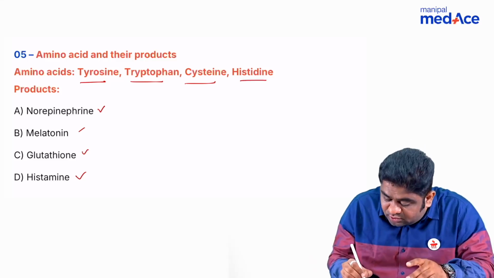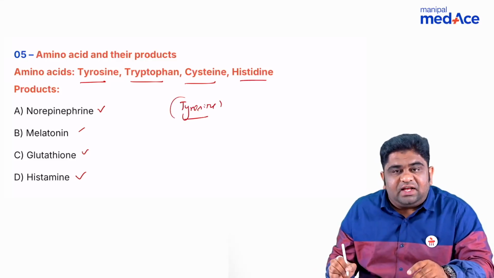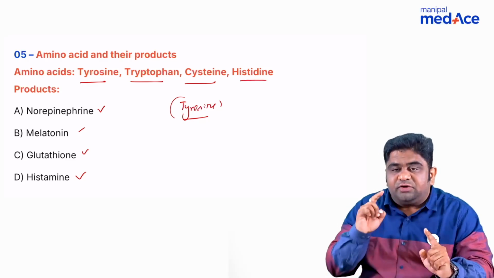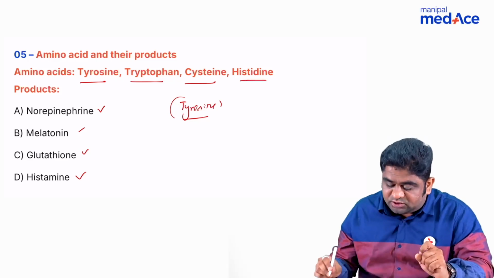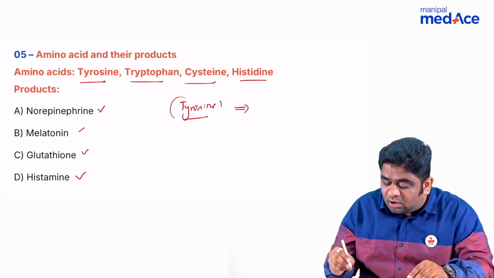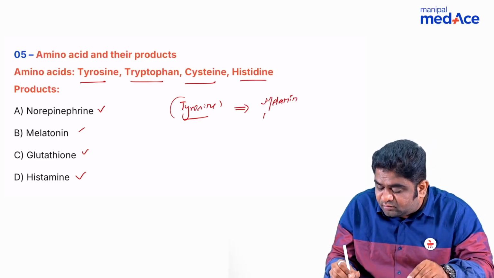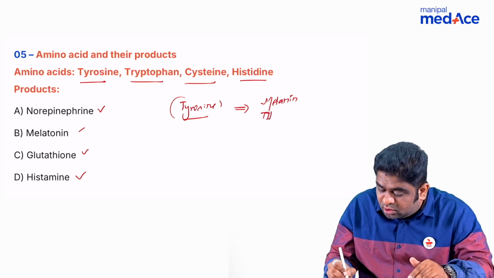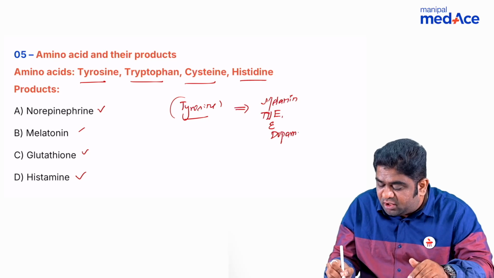Let's look at tyrosine. Tyrosine is nothing but para-hydroxyphenylalanine. So tyrosine and phenylalanine, both of them are aromatic amino acids. So phenylalanine undergoes one step of hydroxylation process, which is a monooxygenase process to become tyrosine. And tyrosine is the parent for some special compounds like melanin, and also it is important for norepinephrine, epinephrine, dopamine.